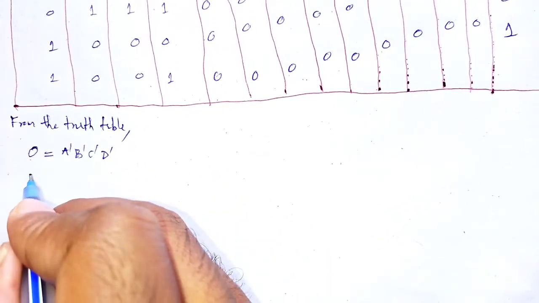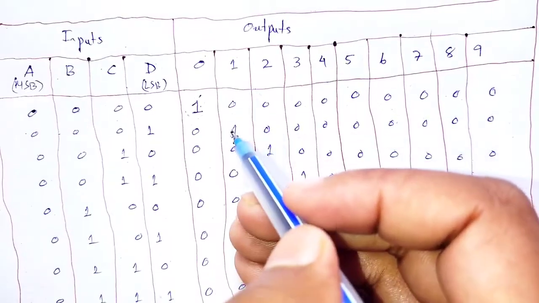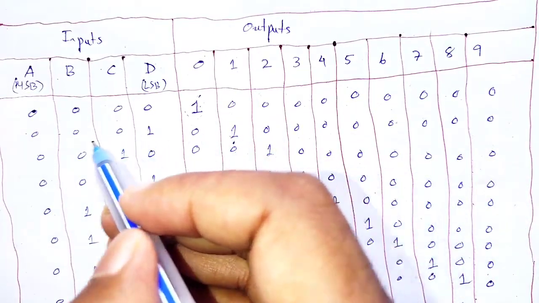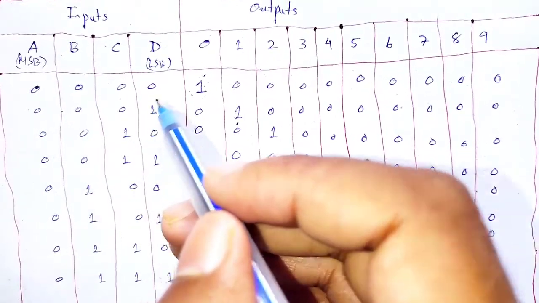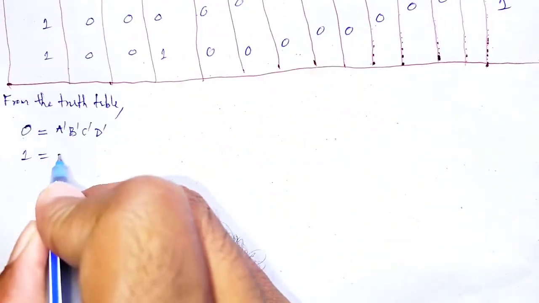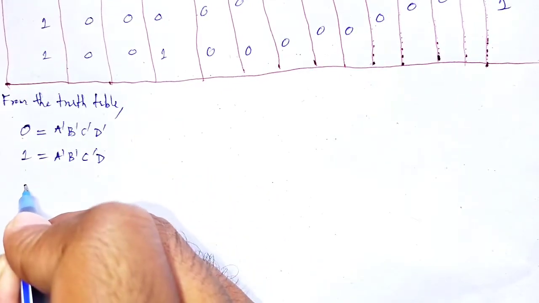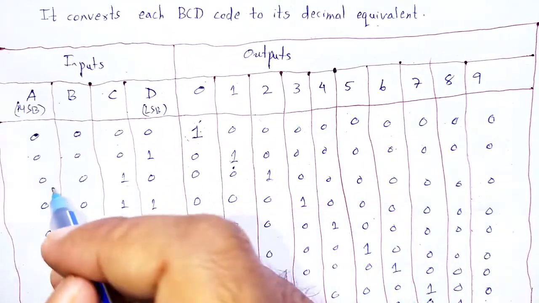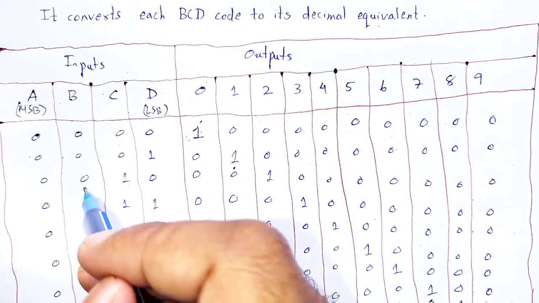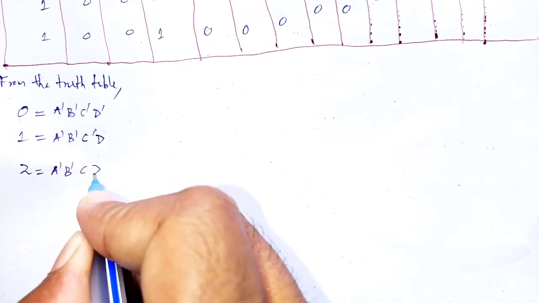For 1, 0 0 0 1, so A dash, B dash, C dash, D. Similarly for 2, 0 0 1 0, A dash, B dash, C, D dash.